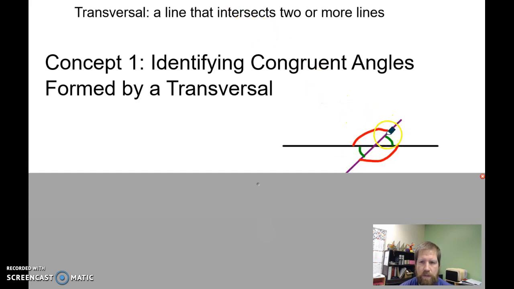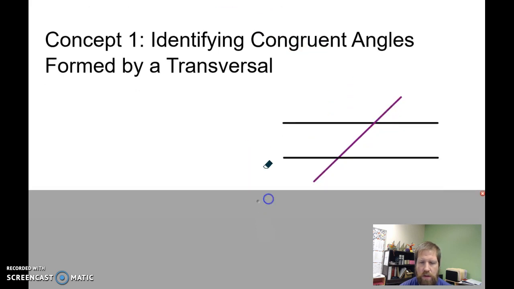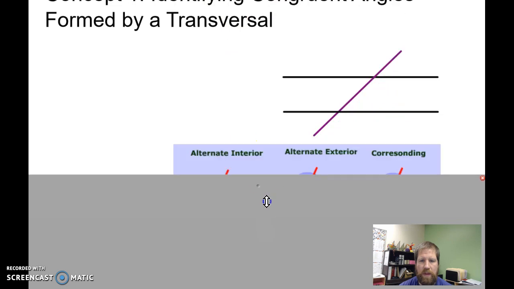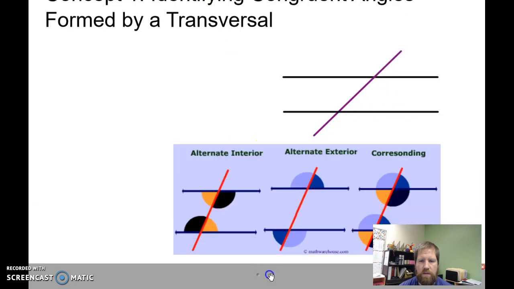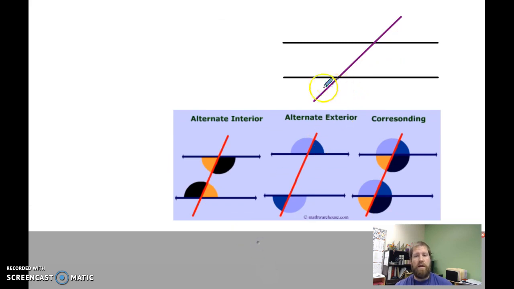Okay, now when we expand that out to having a transversal with two parallel lines, there's some information we know about all of these angles. Okay, and it comes from, again, it all comes from the fact that they are supplementary angles.